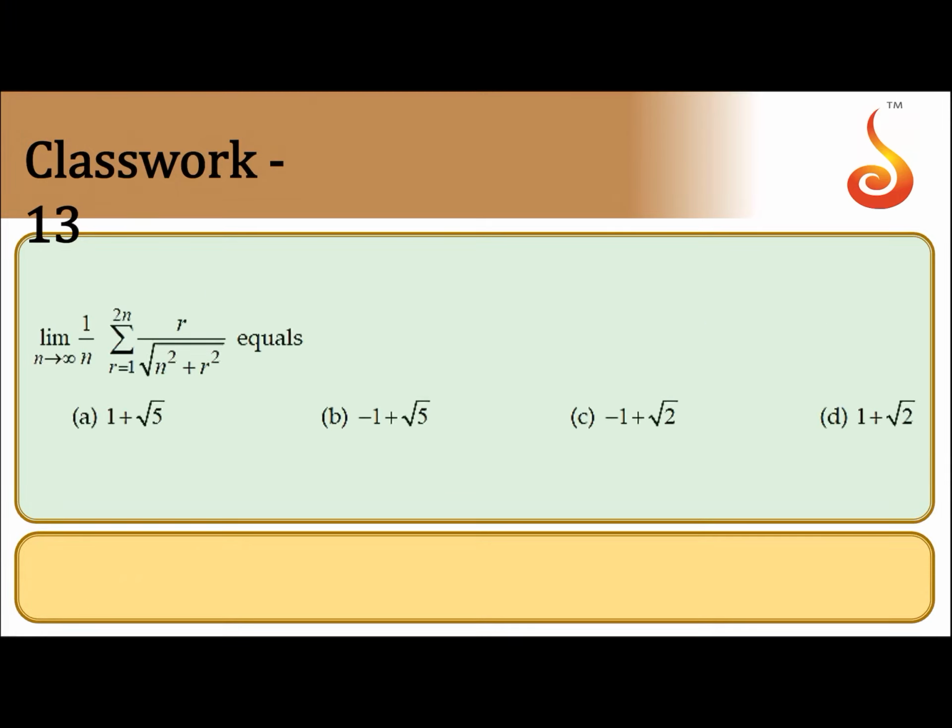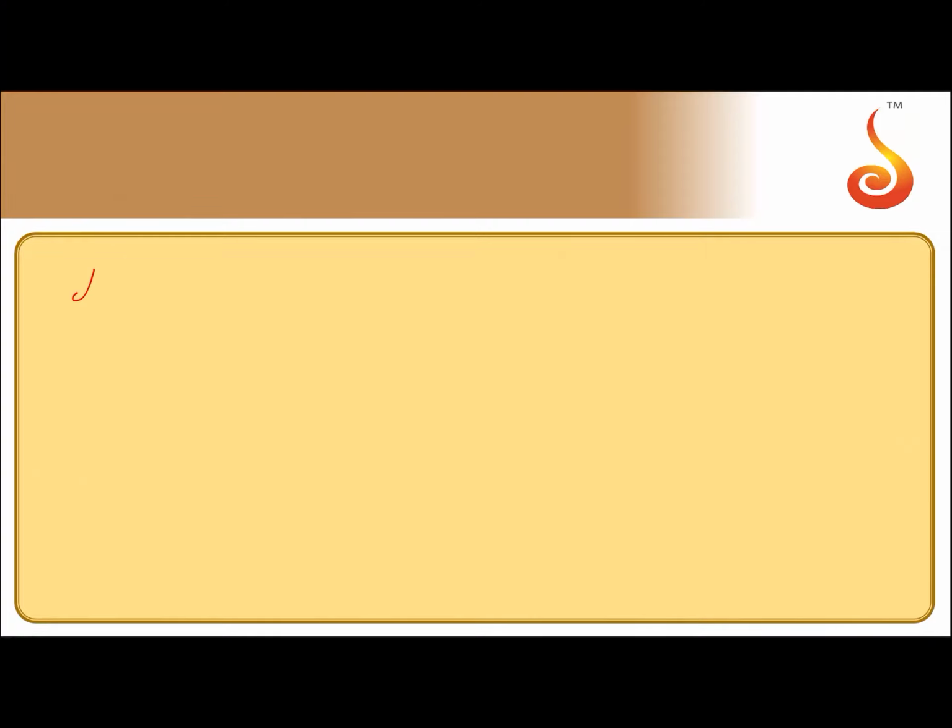Coming to the 13th one, limit of a sum. As I told you last class, limit n tends to infinity 1 by n sigma of function of r by n, where r runs from 0 to kn, can be replaced by integral 0 to k of phi of x dx.